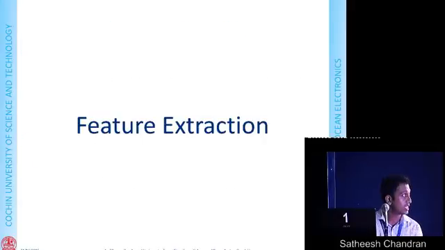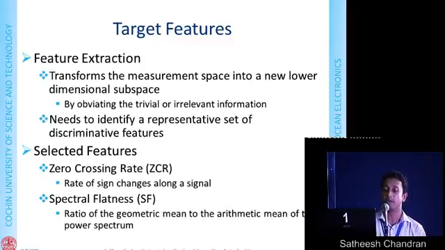Now moving to the second stage, the target feature extraction and measurement, is to use a lower dimensional representation by obviating the irrelevant information in the target signal. But the main purpose for us is to identify a representative set of discriminative features.